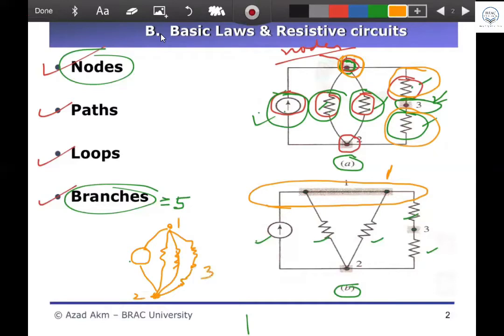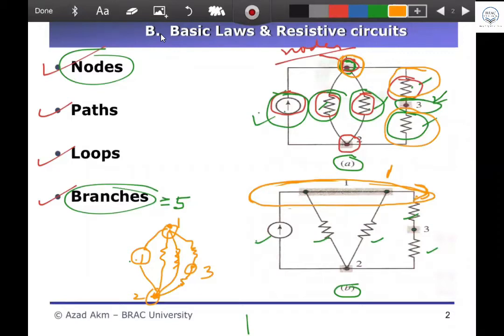Or you can expand node 1 like that. Why? Because in between there is no resistor, no element. There is nothing within this circle I have drawn. Are there any resistor, current source, voltage source from here to here? No, sir. So this is fully shorted, and the whole thing can be squeezed into one point. That is a node. So a node can be stretched or squeezed.